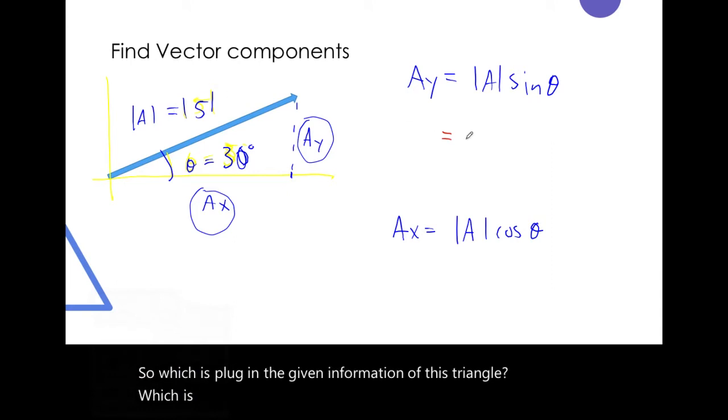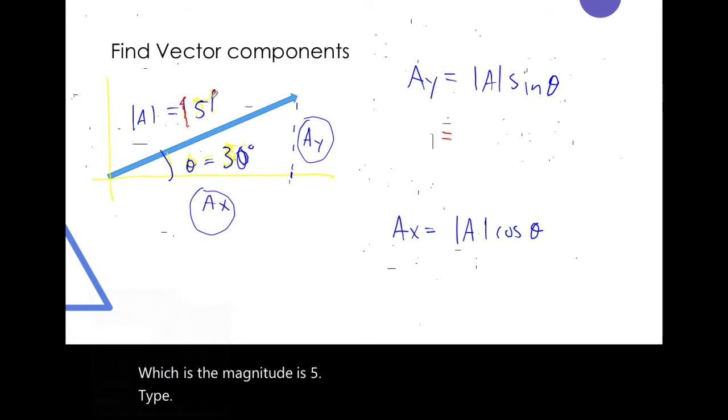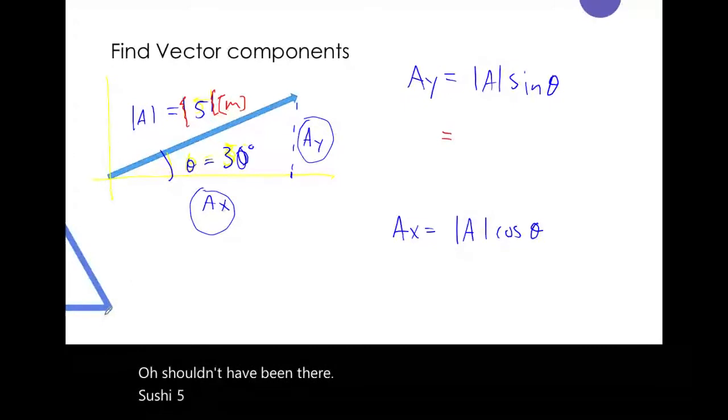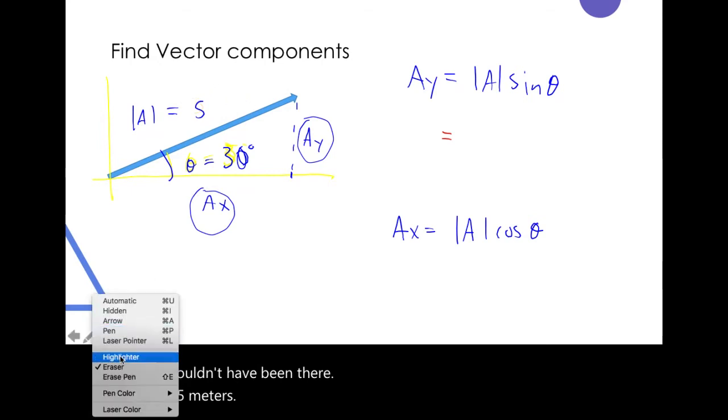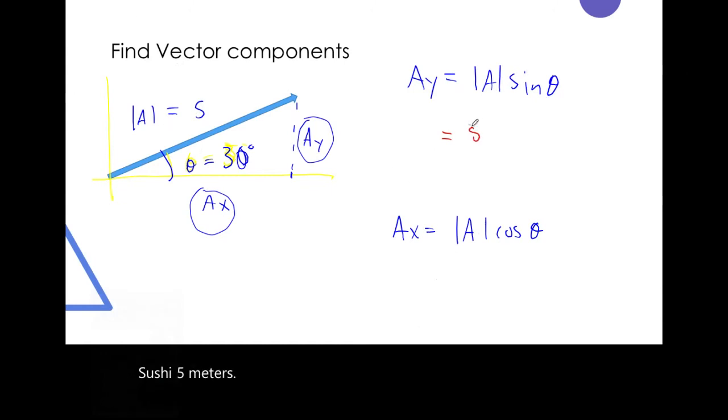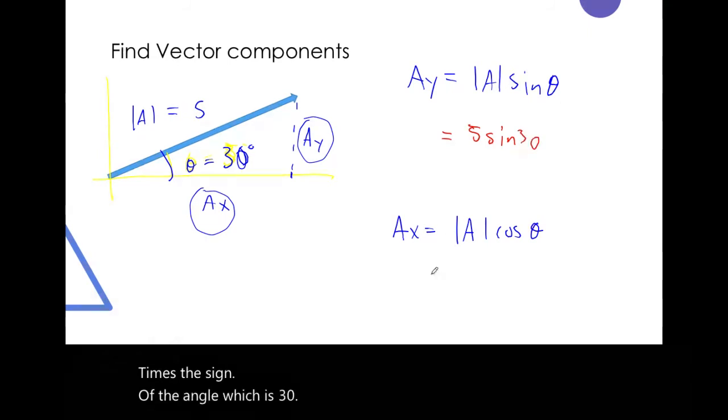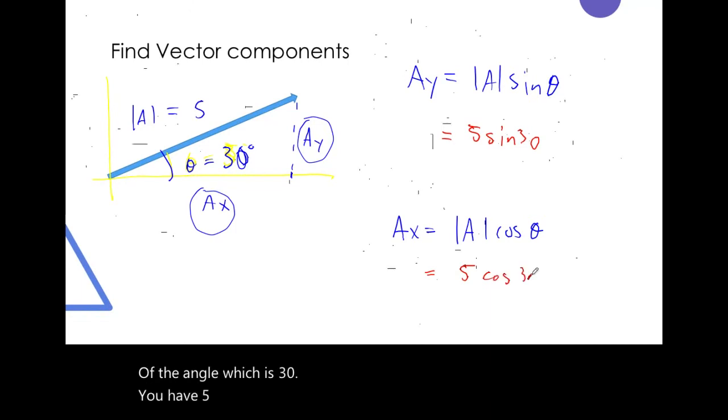Okay. So if we just plug in the given information of this triangle, which is the magnitude is 5 meters. So we have 5 times the sine of the angle, which is 30, and we have 5 times cosine of 30.